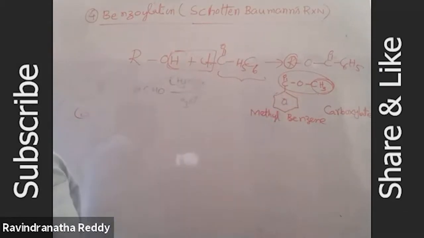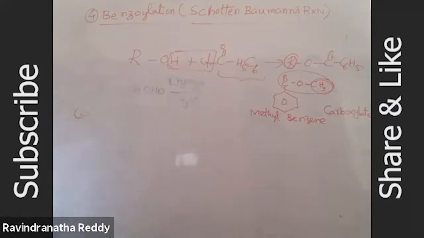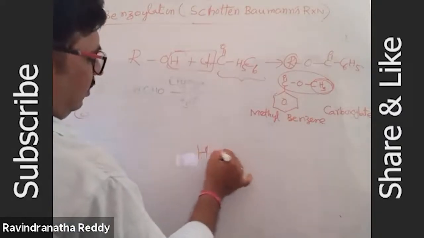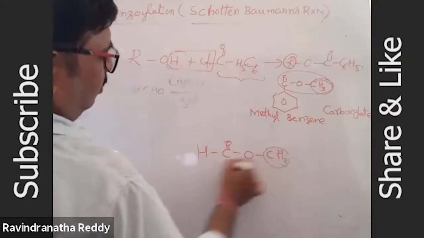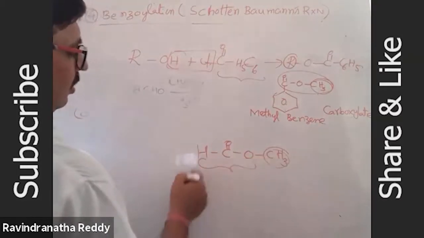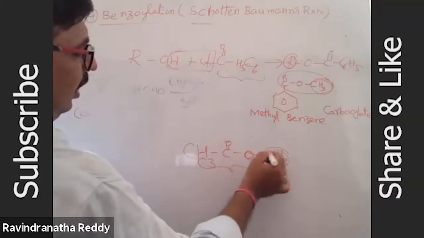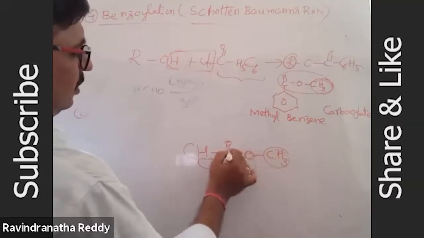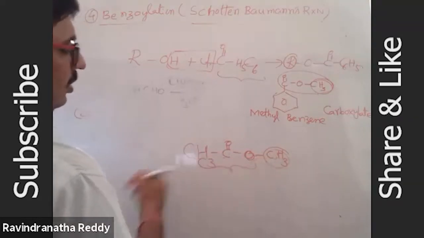Don't write alkyl alkanoate here. Alkyl alkanoate is used in the aliphatic condition. Suppose HCOOCH3: alkyl means methyl, so methyl methanoate. The alkyl group attached to the oxygen of COO, that is methyl ethanoate.